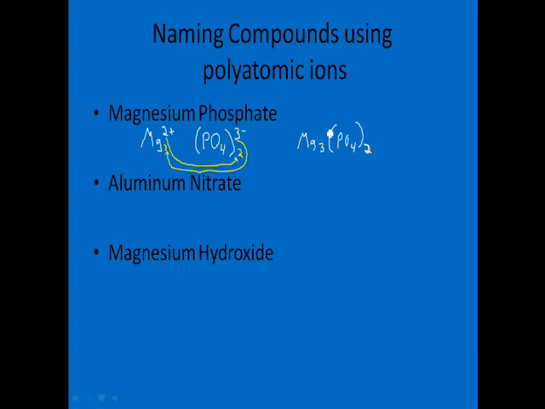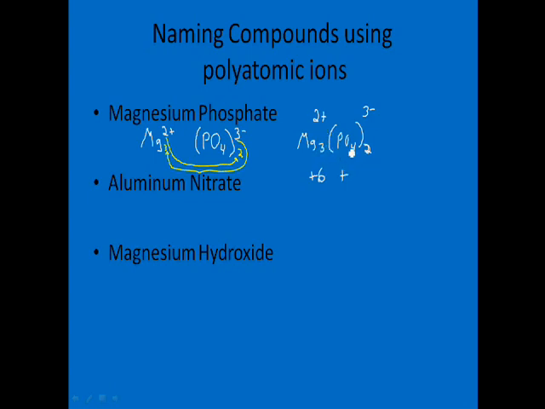Balancing the charges to make sure everything is coming out to 0. I have 3 things that are 2 positive for a +6 charge. That means each magnesium has lost 2 electrons, so I needed 3 of those. Each set of phosphate has to gain 3.